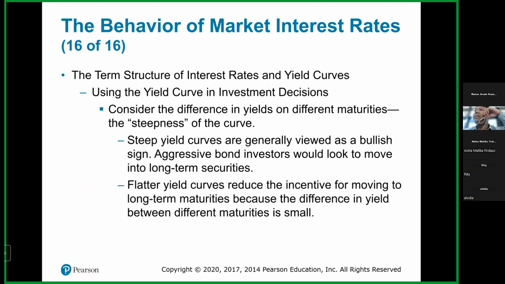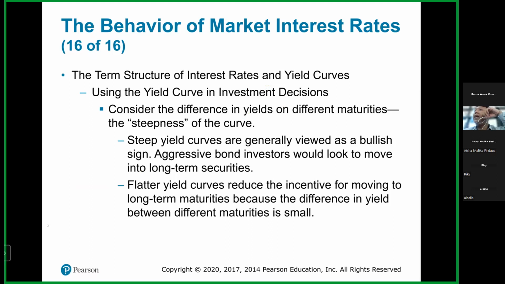So a steep yield curve is generally viewed as a bullish sign. So aggressive bond investors would look to move into long-term securities, while a flatter yield curve reduces the incentive for moving to long-term maturities because the difference in yield between different maturities is very small.